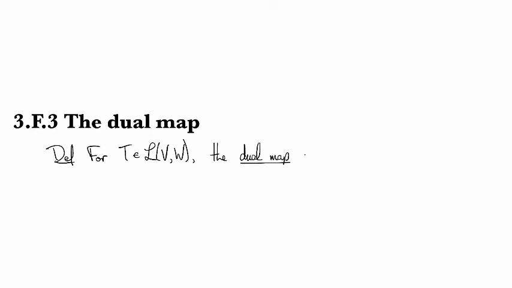So we also get a dual map for any map that we have between vector spaces. For an element T of L(V, W), the dual map of T is denoted T prime, and it's an element of the space of linear maps from W prime to V prime.